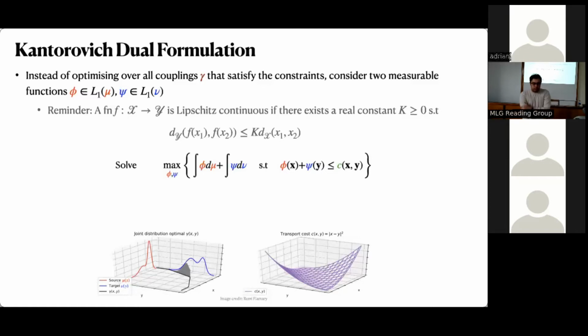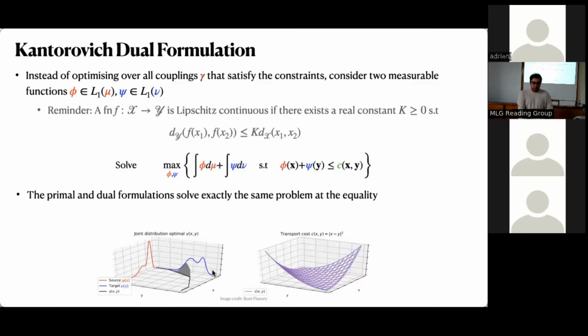So to show what this means in a graphical sense, let's consider two probability distributions, mu and nu here, the red and the blue distributions. If you solve the primal formulation of mapping mu to nu exactly, you'd end up with some sort of black curve here. That's the exact coupling gamma that maps mu to nu.